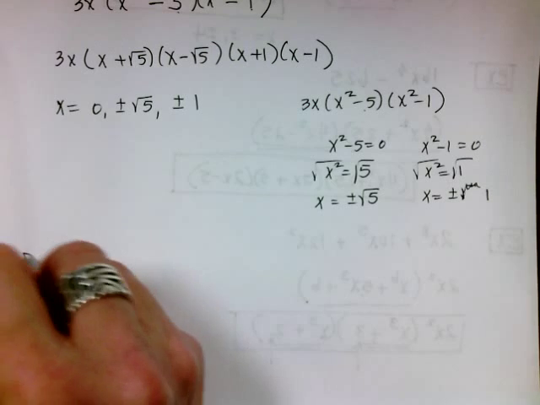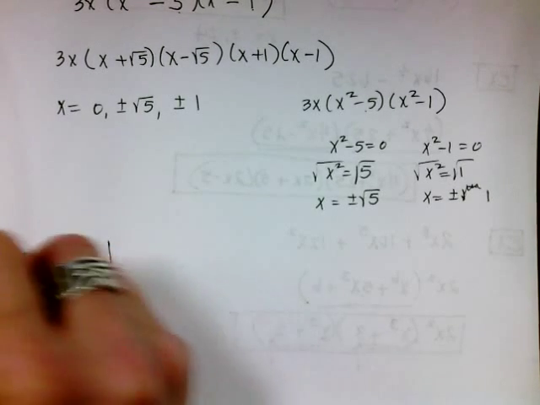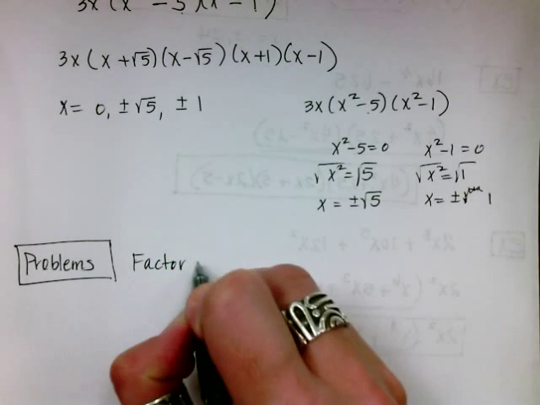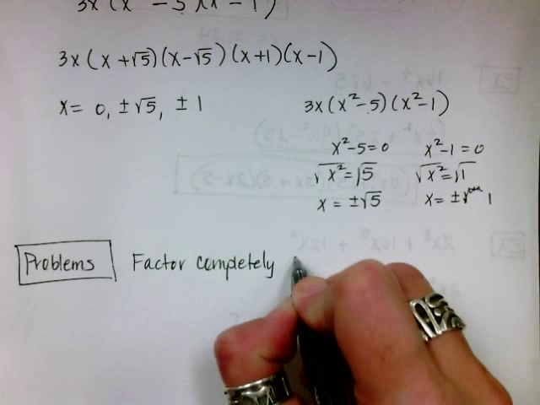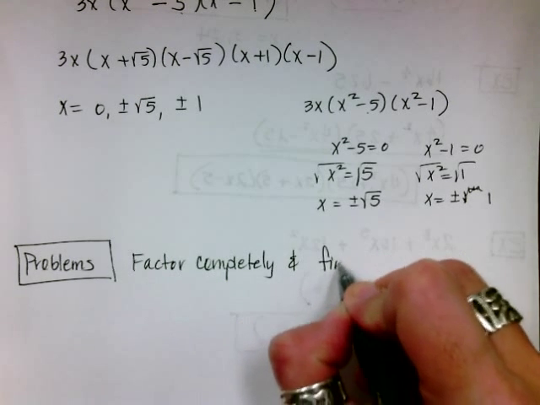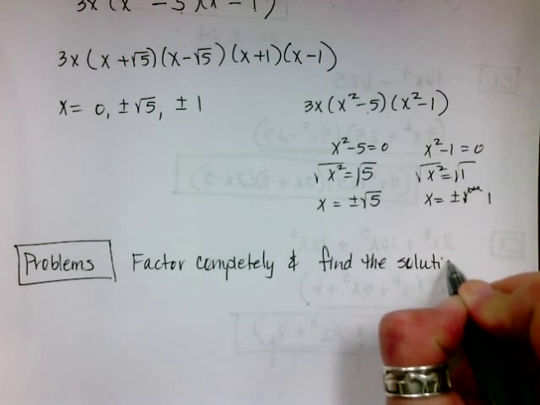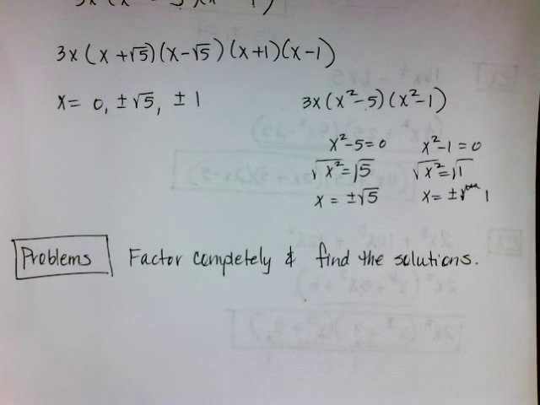Alrighty, now let me give you your problems. And then you're done, you lucky dogs. Alright, here are your problems. They all say factor completely and find the solutions. And remember, your number of solutions should match the degree of the problem.